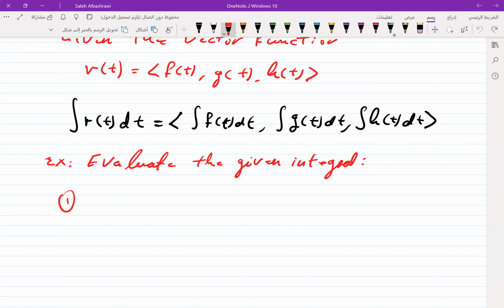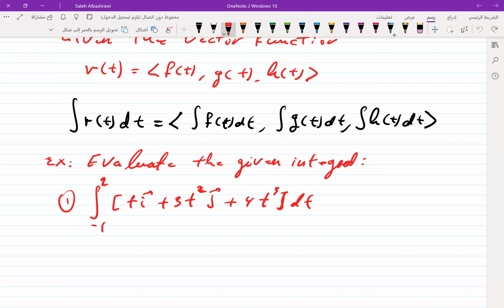Number one: find the integration from -1 to 2 of the vector function t i plus 3t squared j plus 4t to the power 3 k, dt, with a limit from -1 to 2.